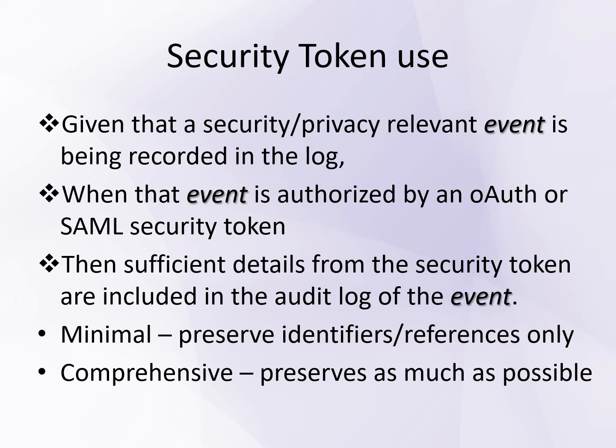So the profiles on the previous page about a create of an observation being recorded, when that create is secured by a security token, you would combine the two profiles. In this case, if it's an OAuth token, there's one set of ways to record things. If it's a SAML token, there's a different way of recording things. There's different information in each one of them.